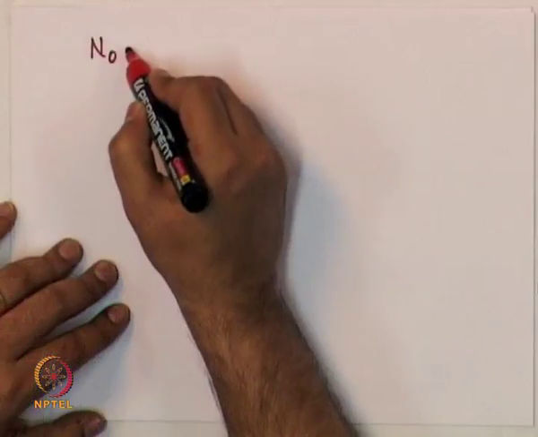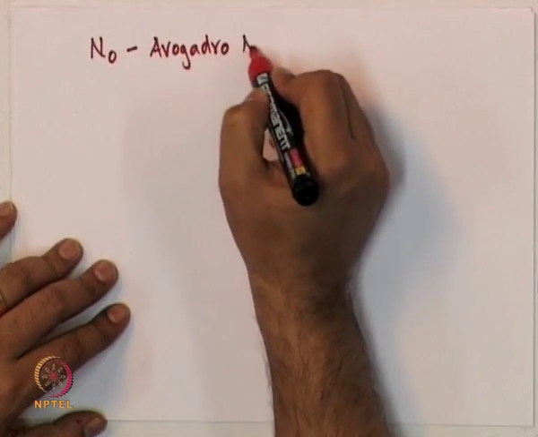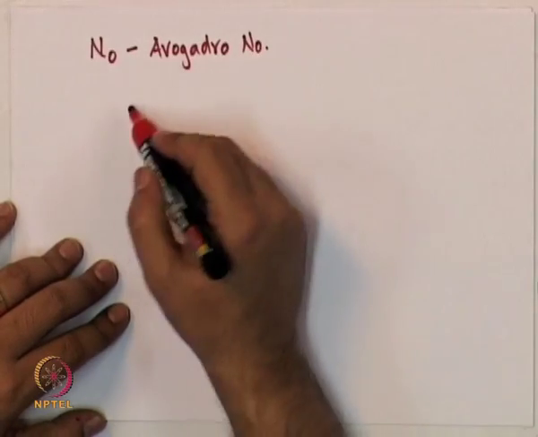So, we are going to assume the Avogadro number, so I am going to take a mole of material. The Avogadro number I am going to denote by N naught.